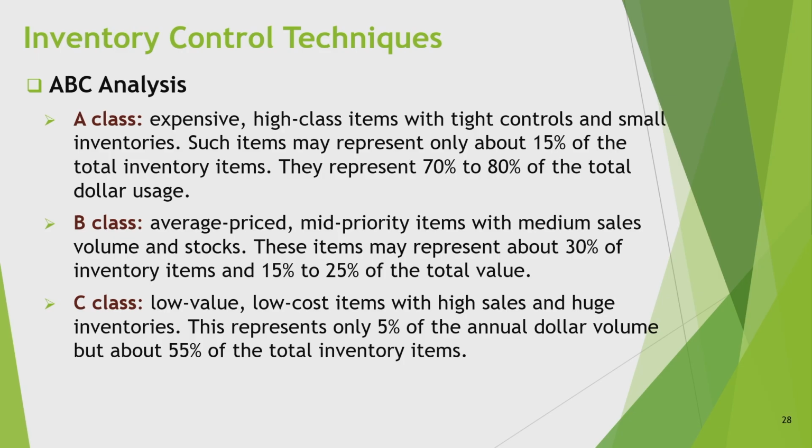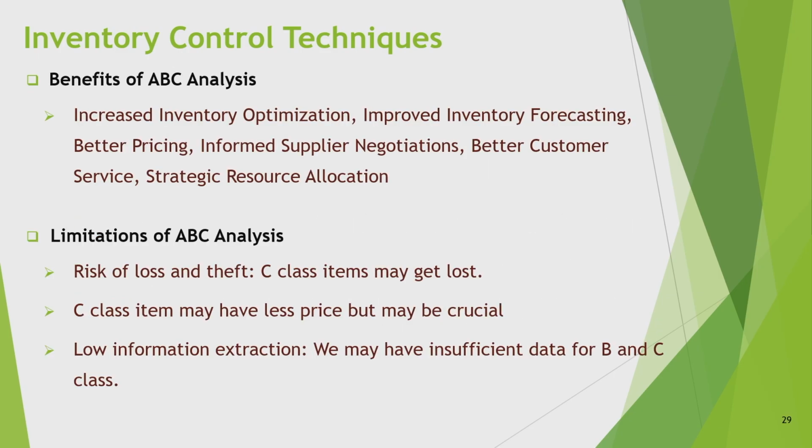Then B class items are average priced and may be about 30% of inventory items, but value wise they are 15% to 25%. And C class items are low value, low cost items and they represent only 5% of the total annual dollar volume, but quantity wise they are about 55%. So you should focus more on A class items rather than C class items.